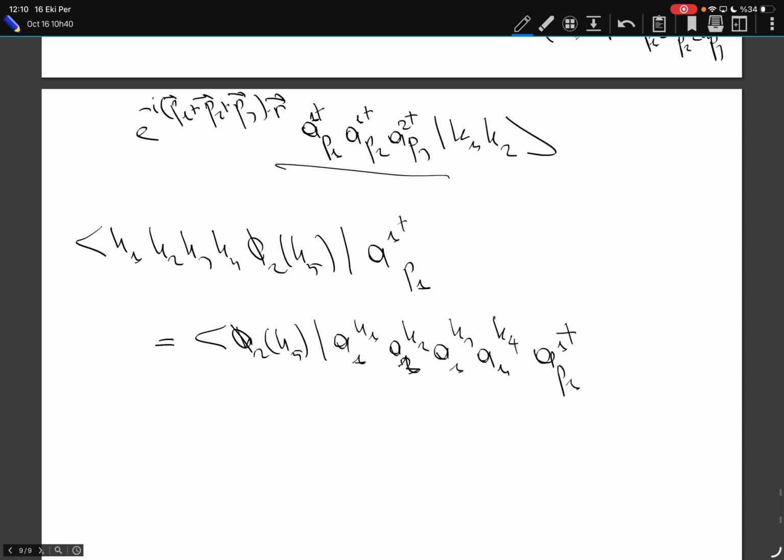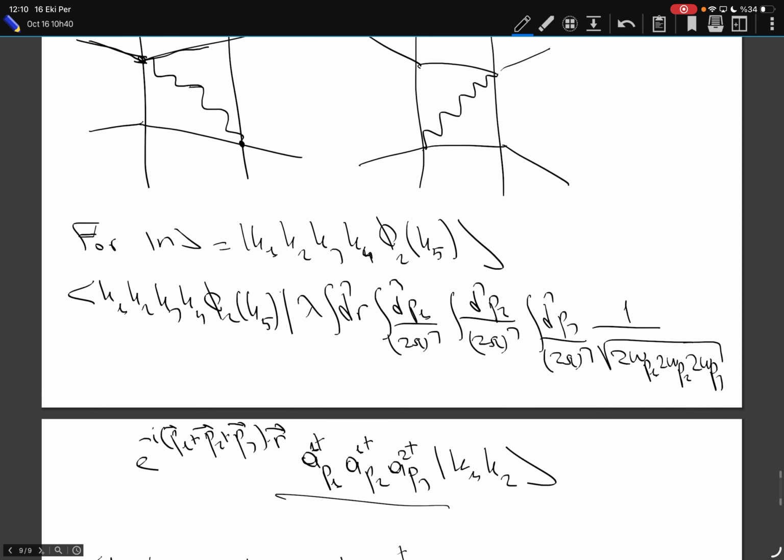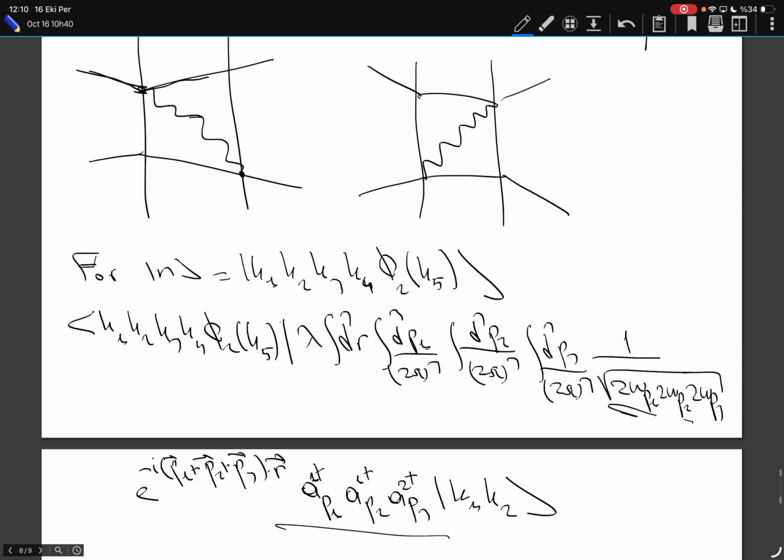What are the proportionality constants? Well, I have twice the square root of omegas in these definitions, and I have twice the square root of omegas in the denominator in my integral. So that is why they will cancel.